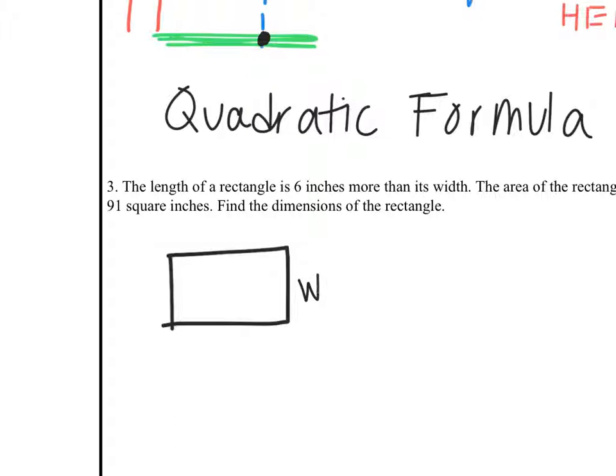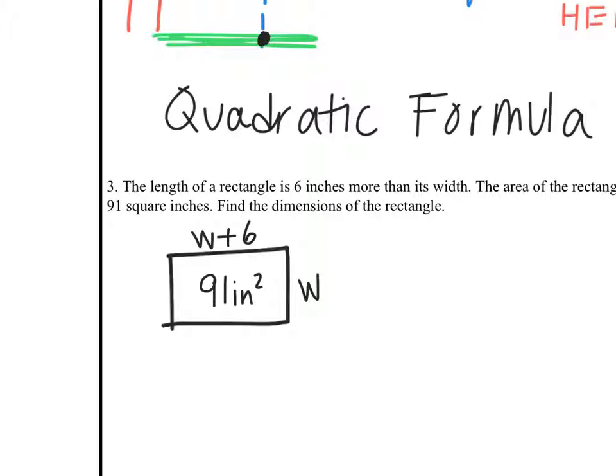If the length is 6 more, what do I label the length? 6 plus the width. So W plus 6 would be the length. And it says that the area is 91 square inches. So here's my area. Find the dimensions of the rectangle.